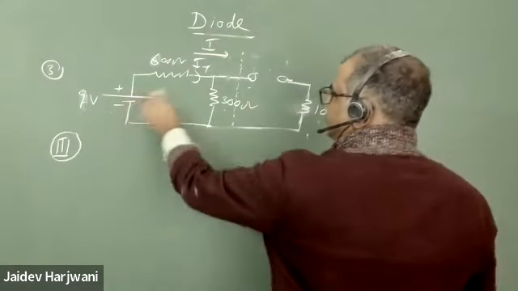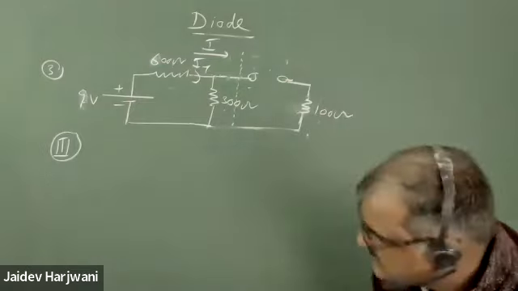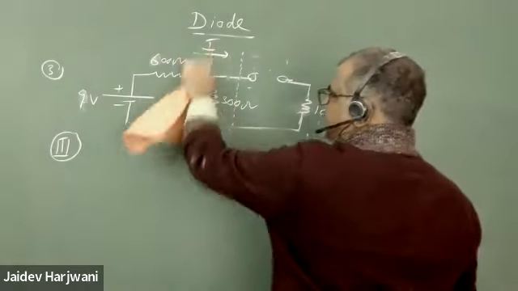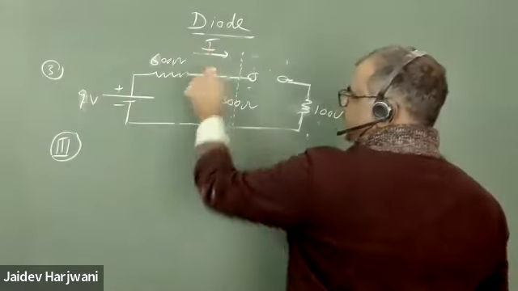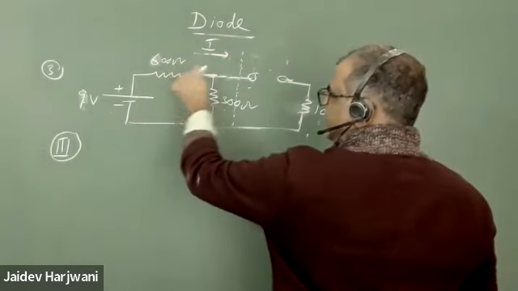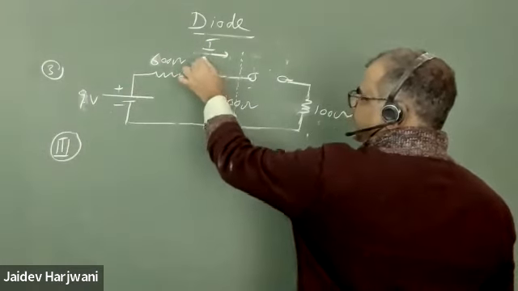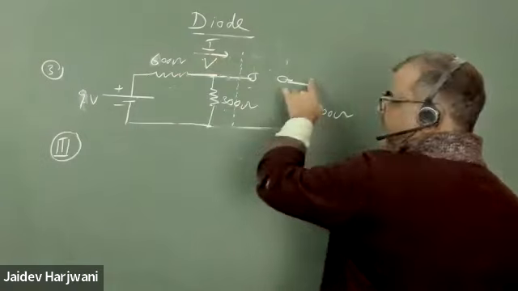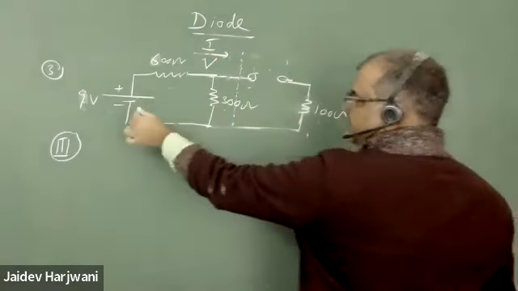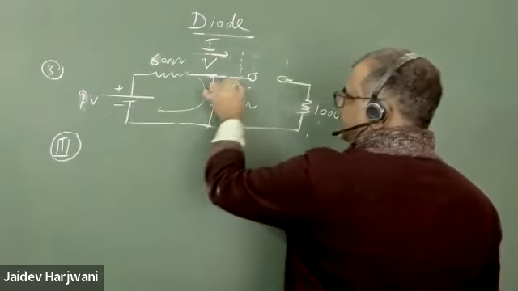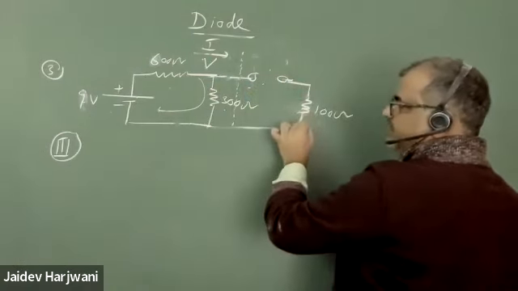If you want to calculate VThevenin, basically you want to find the voltage coming here. At this point there is an open circuit, so the current is going like this, and no current is flowing here, so there is no resistance drop here.